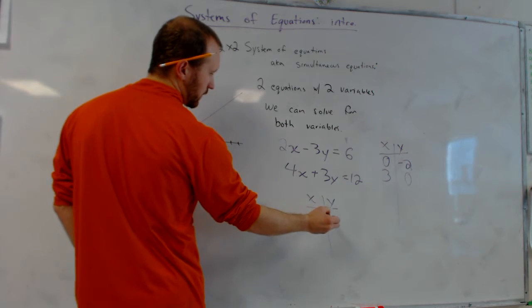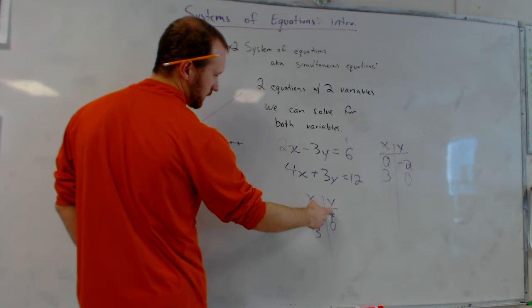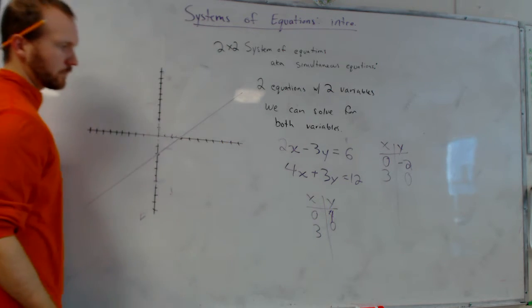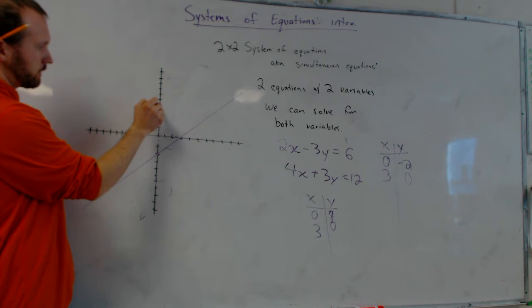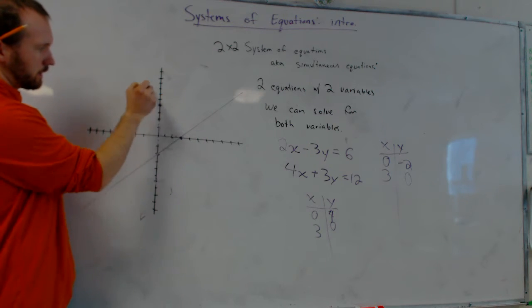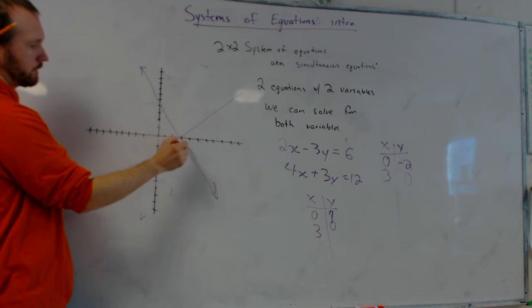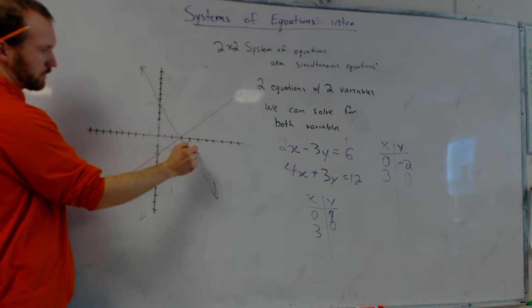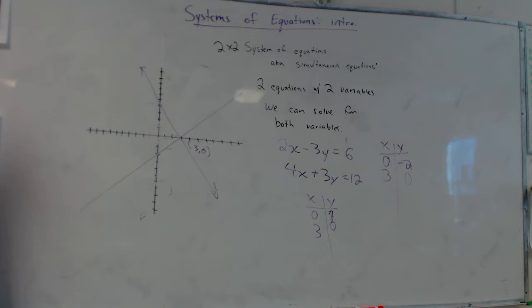If x is 0, y is 4. If y is 0, x is 3. Good. Okay, so 0, 1, 2, 3, 4. 0, 1, 2, 3. Where do they meet? (3, 0). Okay.